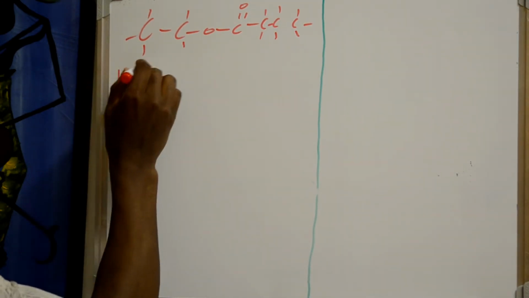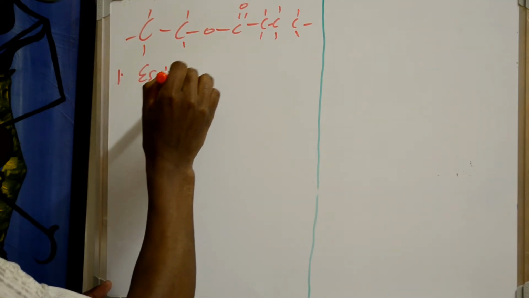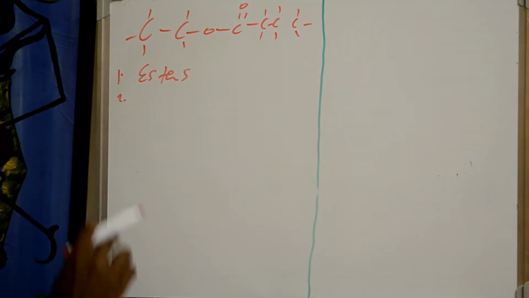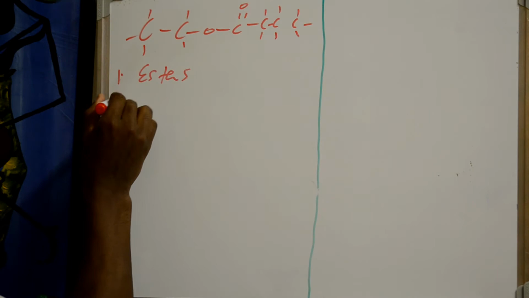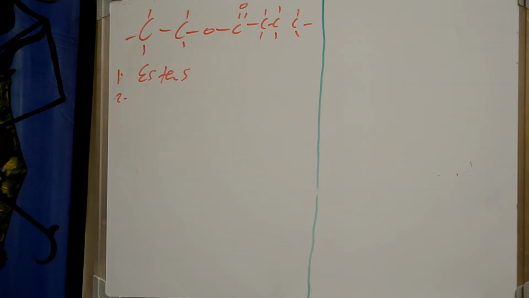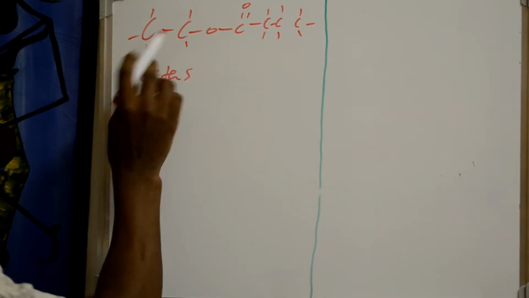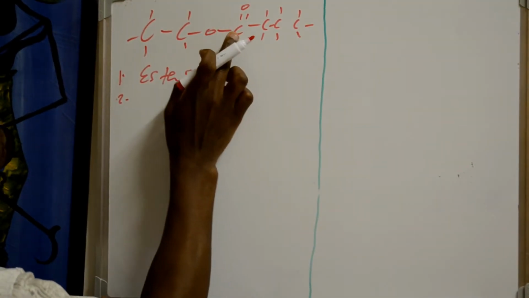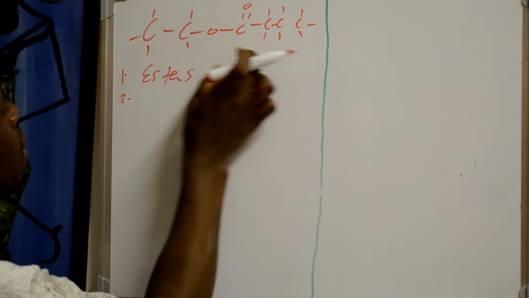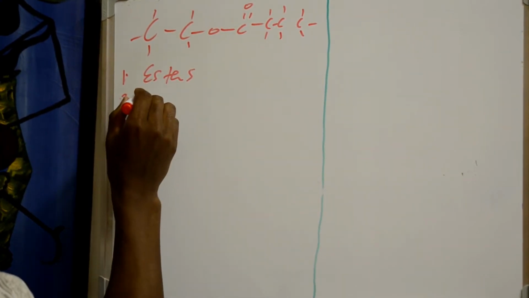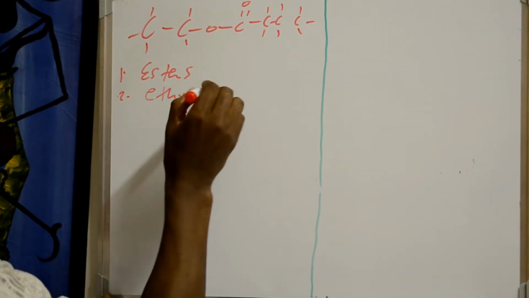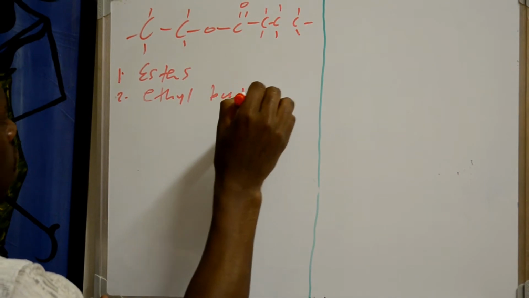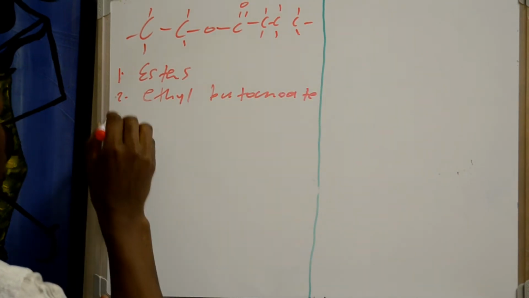Esters. That is the homologous series. The IUPAC name, you already see. We have ethyl connected to O, and from this C to this side, this is the acid part. So this is ethyl what? Butanoate. I believe it's not a problem.